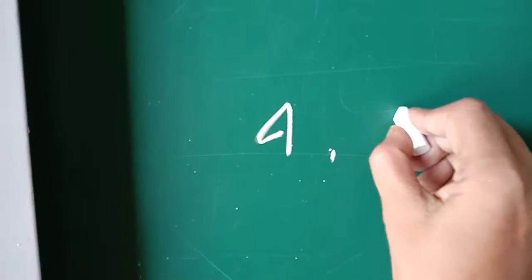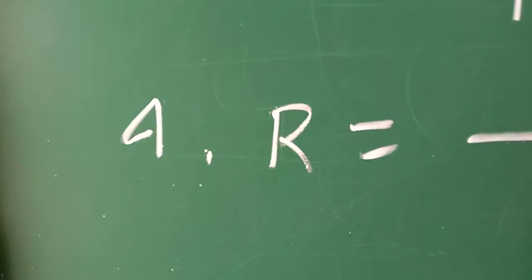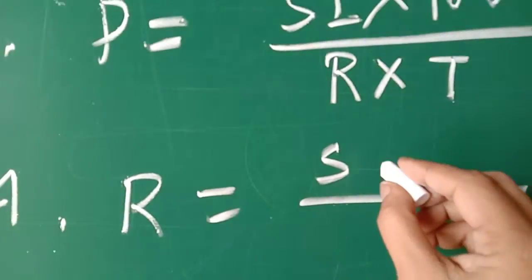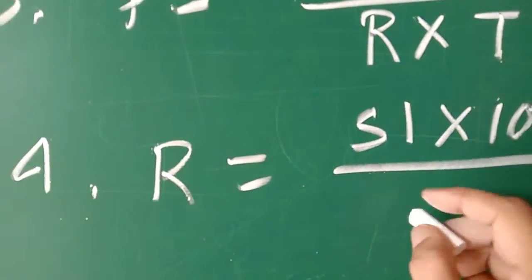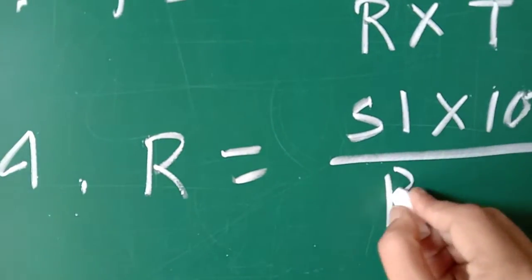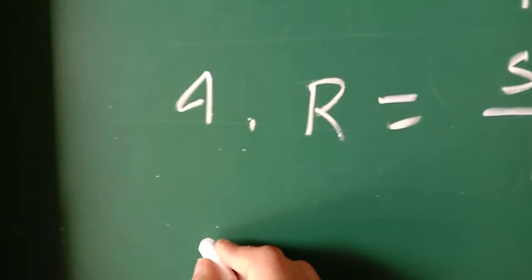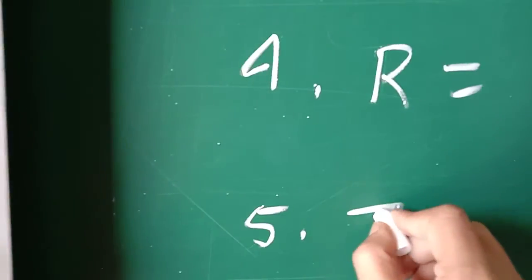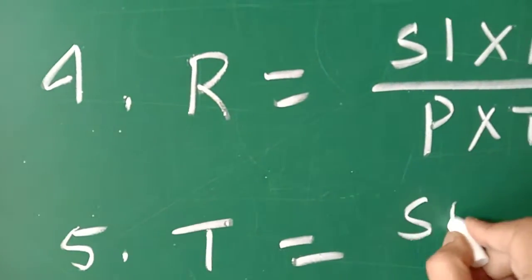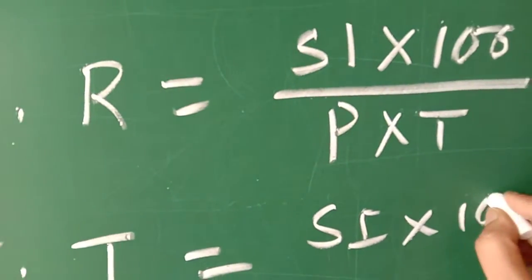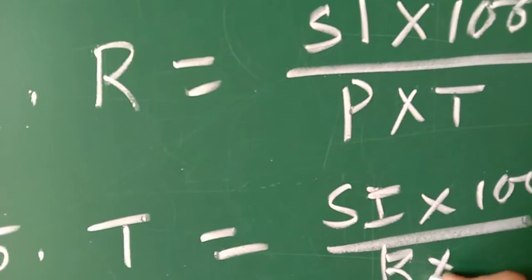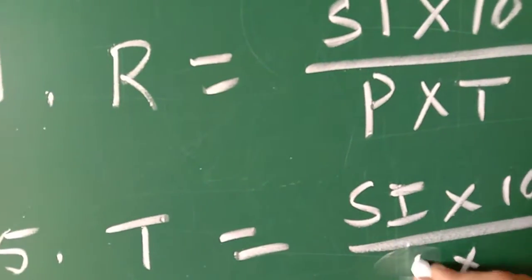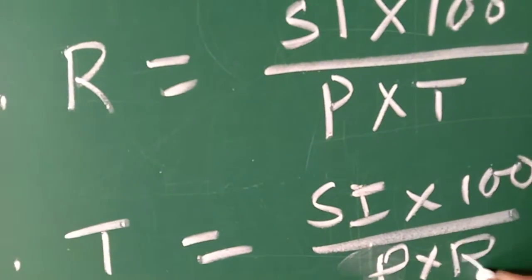Number 4, when rate is missing, then you multiply SI into 100 and divide the product by principal into time. And when you have to find the time only, then SI into 100 by principal into rate.